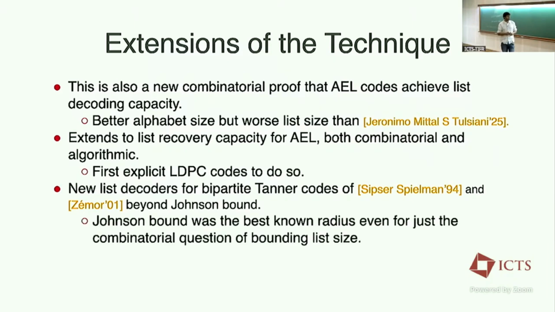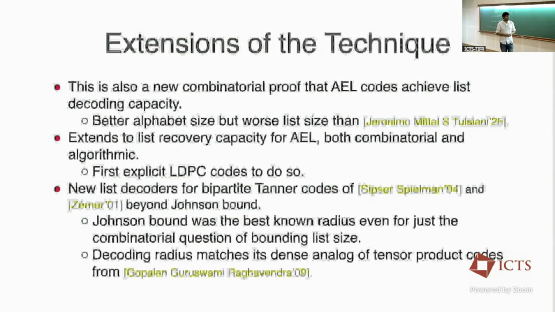And in fact, they'll give new results, both combinatorial and algorithmic, again in near linear time. And they match the dense analog of Tanner codes, which are tensor product codes. There's this result of Gopalan, Guruswami, and Raghavendra that says that up to a certain threshold, tensor codes can be decoded. You can get the same radius for the sparse versions, Tanner codes.